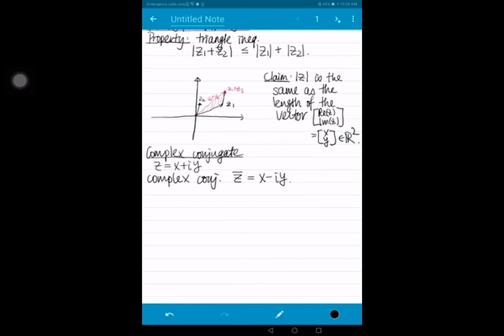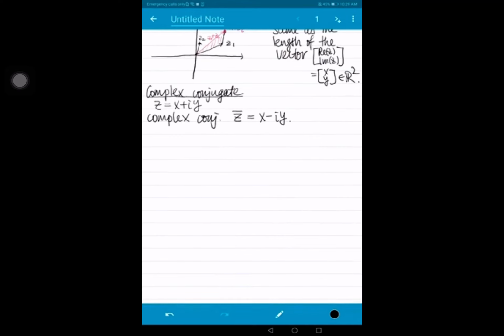So the complex conjugate of z is x minus iy. Okay, so how does it look on the picture? So here we have z equals x plus iy, and where is x minus iy? So the real part is still x, and the imaginary part is negative y. So it's the symmetric image of z about the real axis. So this is x minus iy.